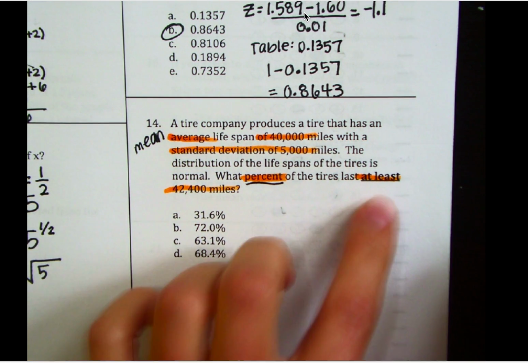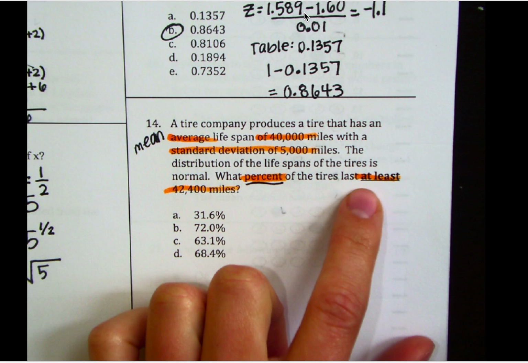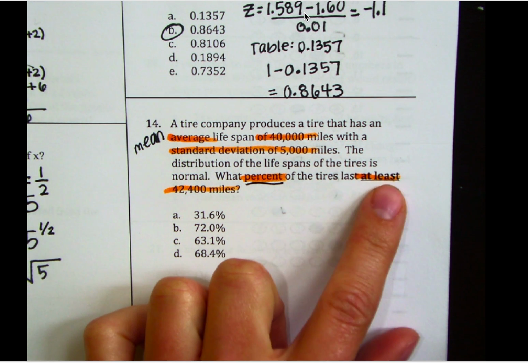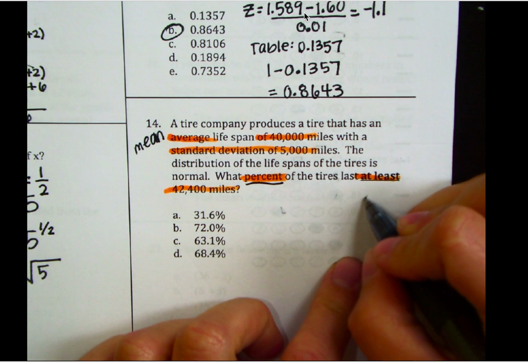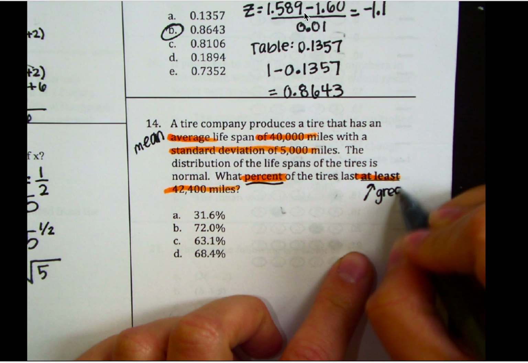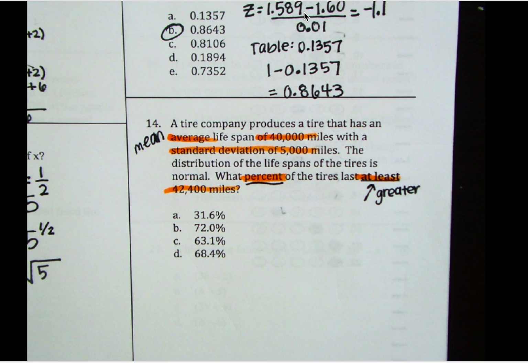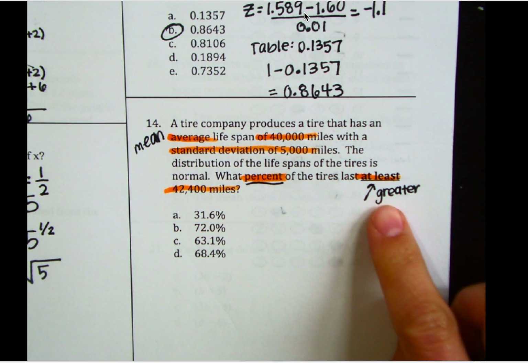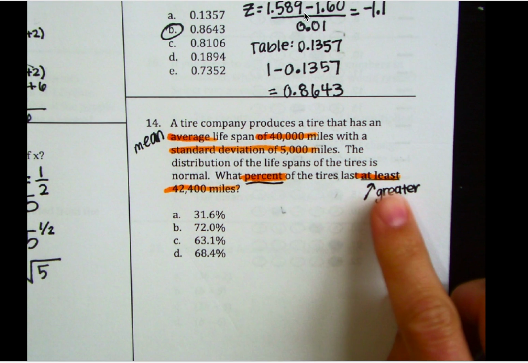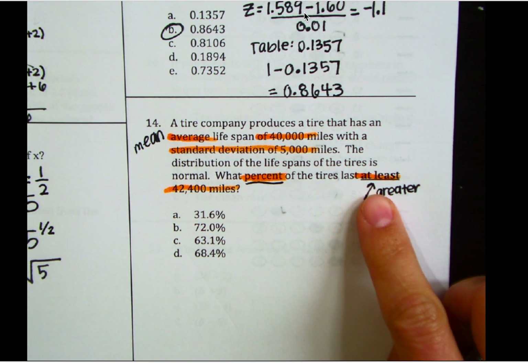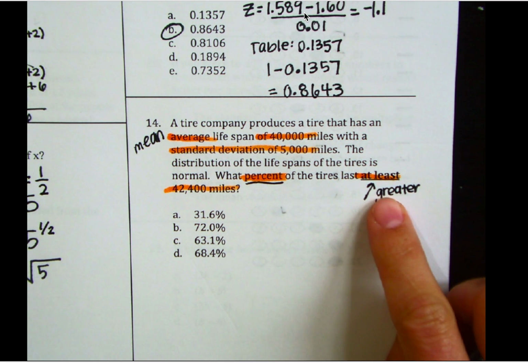So really quick, you guys, at least is kind of tricky because we think it means less than because of the word least, but it actually means greater than. So I always use the example for that when I talk about desks in my classroom. If I have 40 students, I need at least 40 desks in my class. So that means I cannot have less than. It actually means I need greater than or equal to 40.